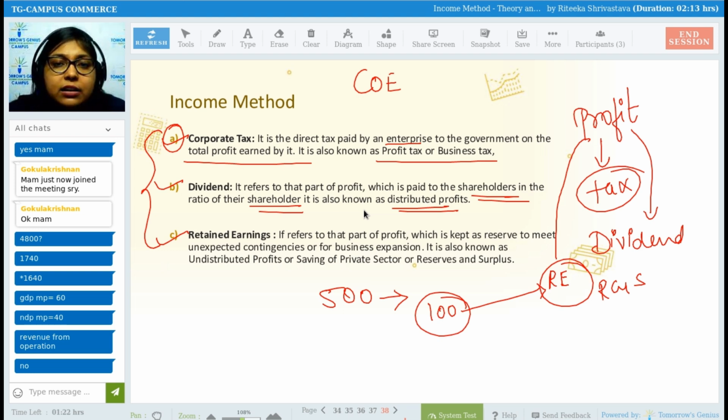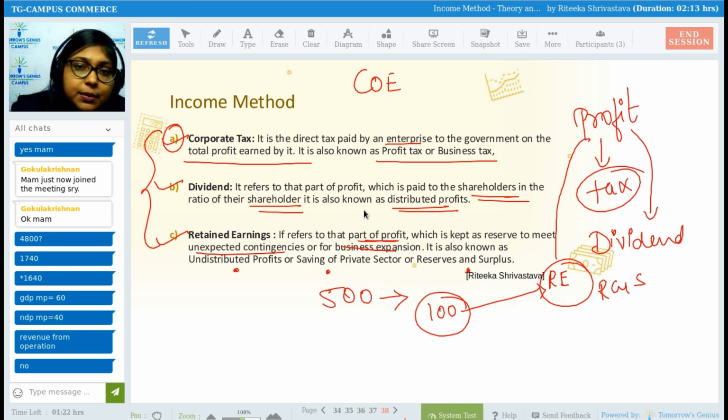So that is also the part of profit. Retained earning is also becoming a part of profit only, because from profit only you are going to save that money. So it refers to that part of profit which it keeps as reserves to meet unexpected contingencies or business expansion. It is also known as undistributed profit, saving of private sector, reserves and surplus. So we have three alternative names for retained earnings.